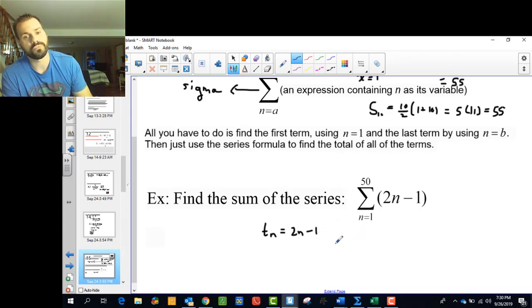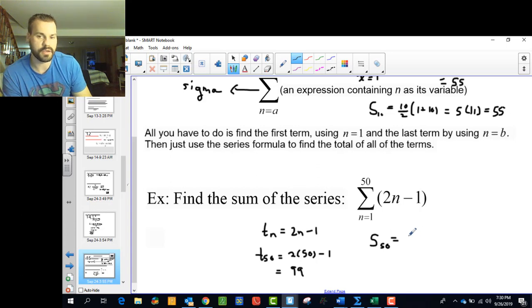Now, that means that T of 50 is 2 times 50 minus 1, and that's 99. So then the sum of the first 50 terms, because we're starting with the first term and going to the 50th term. Because it's arithmetic, I can say it's 50 divided by 2, and then T1 plus Tn.